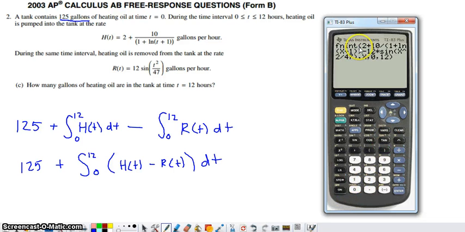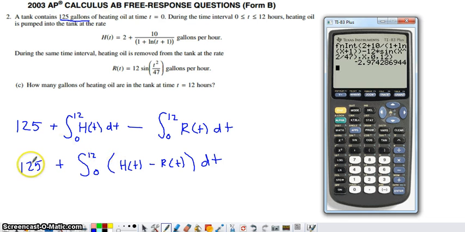Close the initial parenthesis that the function integrator feature gave to you, and the calculator will think for a minute and give you the answer. So the value of this integral is negative 2.974, and we're going to have to round this to three digits in a minute here. But before I round this, this is the change in the amount of heating oil in the tank from t equals 0 to t equals 12.